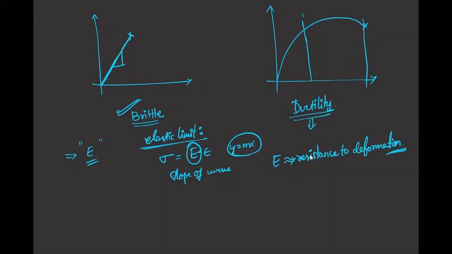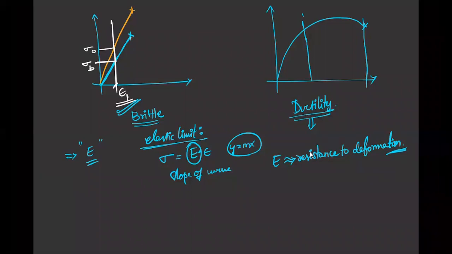Resistance to deformation, that means if the slope is high. For example, I'm just drawing one more curve to explain. I want to induce some constant strain here, some sigma 1 or something. If you see here, which material, blue colored line or yellow colored line, requires more stress in order to produce this strain? Here it is only sigma blue, and this is going up till here.